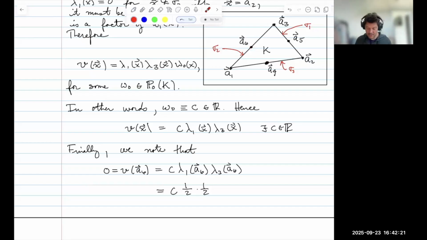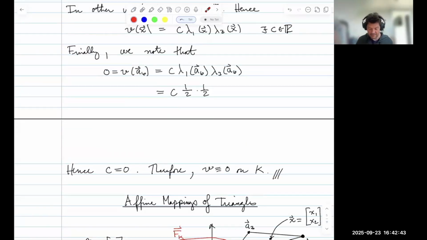By the same logic, lambda 3 is equal to 0 there, a quarter, 1/2, 3/4, and 1. It's equal to 1/2 at A6. So at A6, I get 1/2 times a half. So ultimately, I have 0 is equal to 1/4 times C. The only possibility is that C is equal to 0. And therefore, I've just shown that V is identically equal to 0 on all of K. Okay?